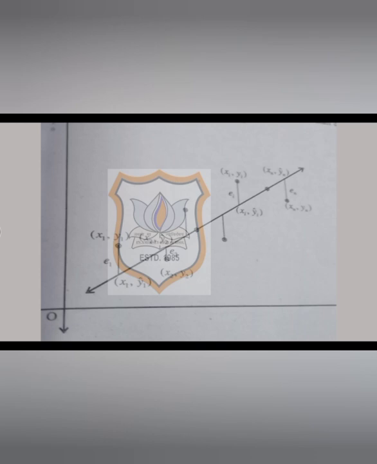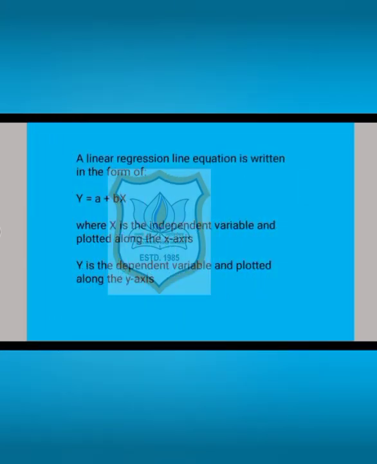We plot the points, and after plotting the points, we draw a line which is passing through those points. This method of studying the regression is called the method of scatter diagram. Let us see what is the next method.